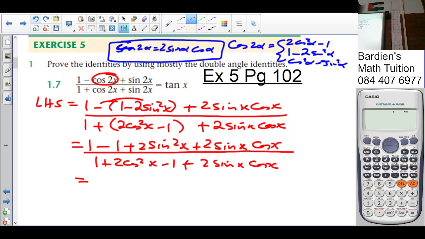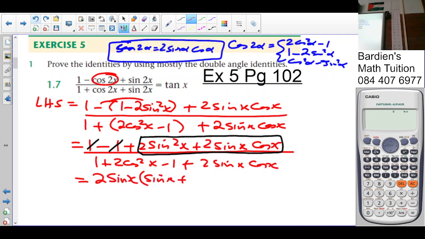Now what? Cancel. 1's cancel. So what am I left with on top is 2 sine squared x plus 2 sine x cos x. What's common there? 2 sine x. What are we left with? Sine x plus cos x over. The denominator again, that cancels. What are we left with?